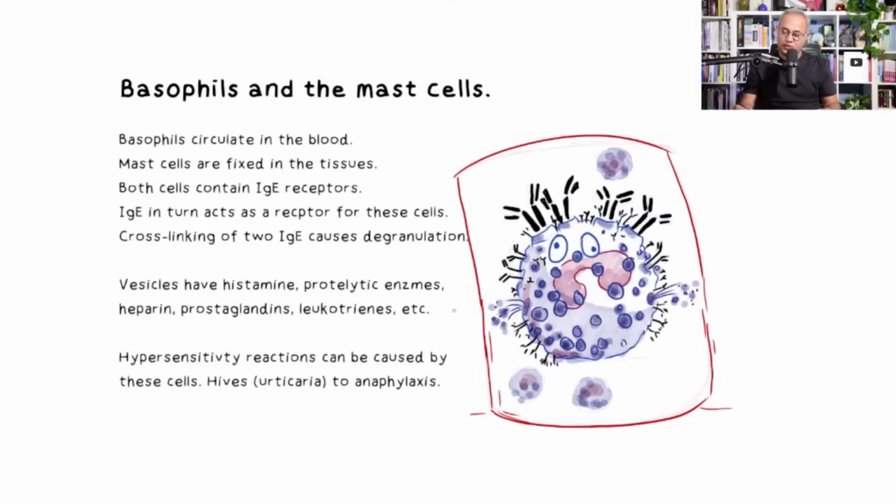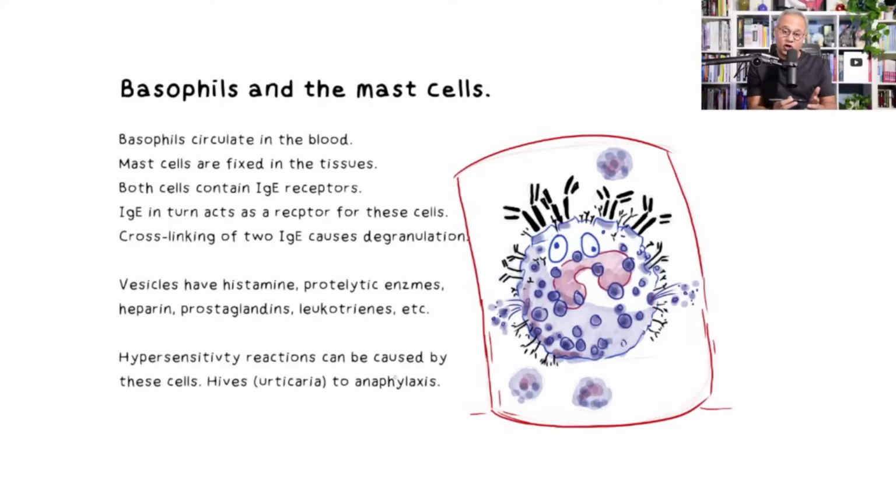If you expose these primed basophils or mast cells to whatever allergen they bind with, or whatever antigen they bind with, we normally call them allergens, then these cells would degranulate. They would release their toxic molecules and cause a lot of damage.